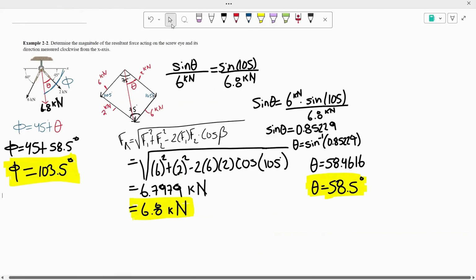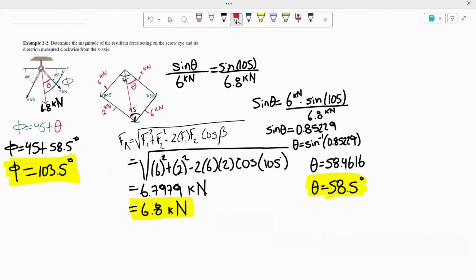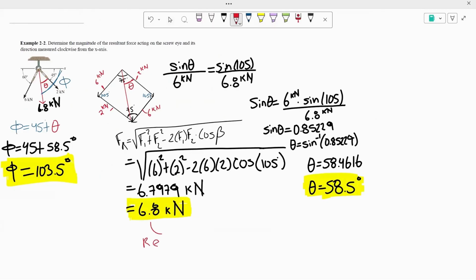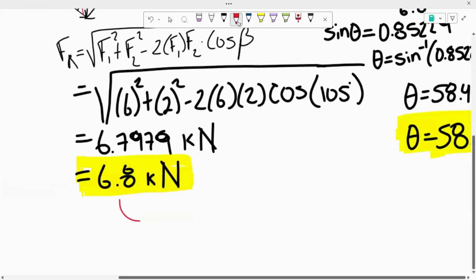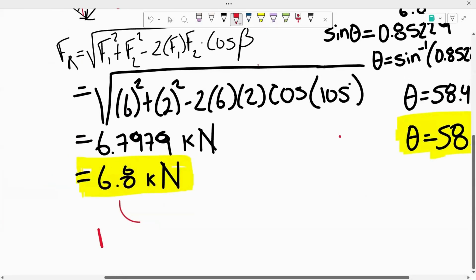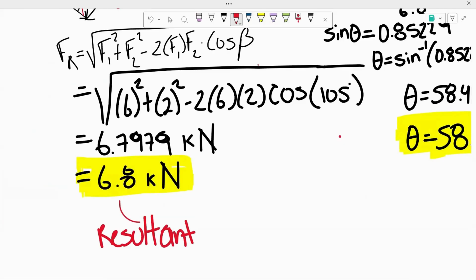So once again, this right here is our resultant force. This is the magnitude of the resultant force, better said.